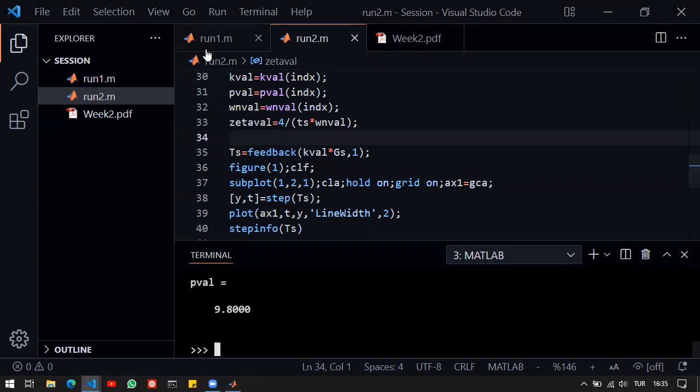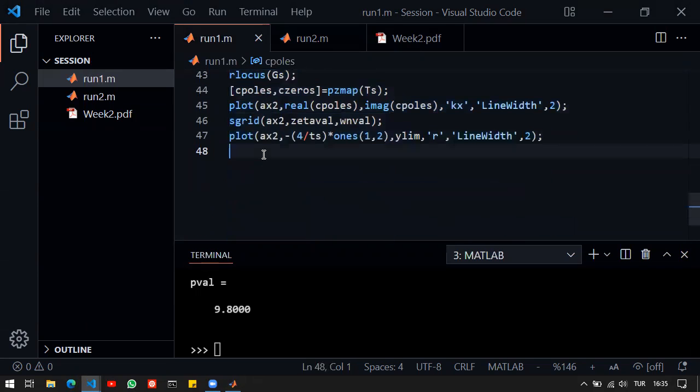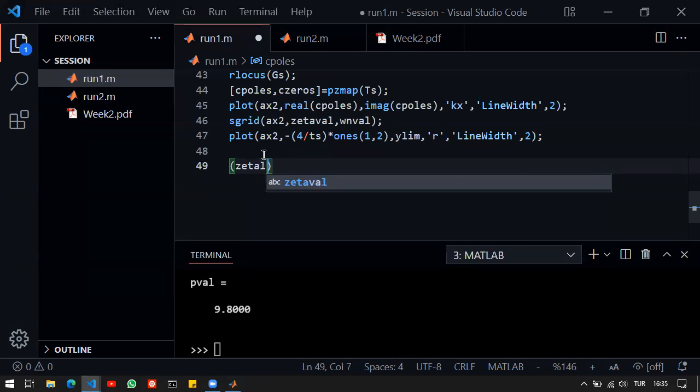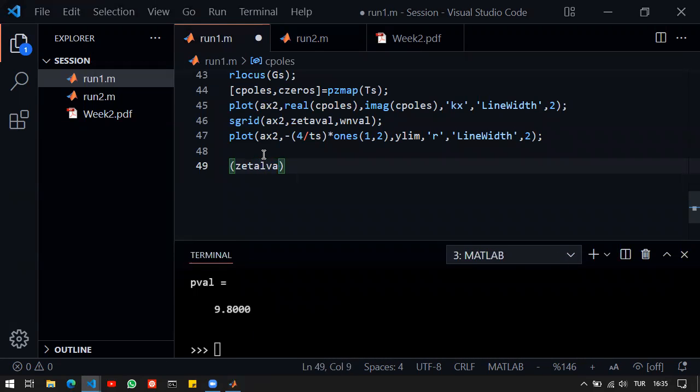So in order to show that, what we can do is we can use the following. We know that zeta val times omega n val gives us the real value of the dominant poles. And then we have also p-val.